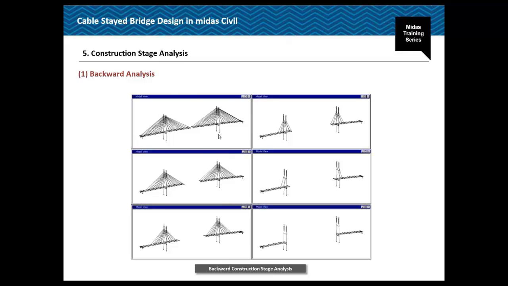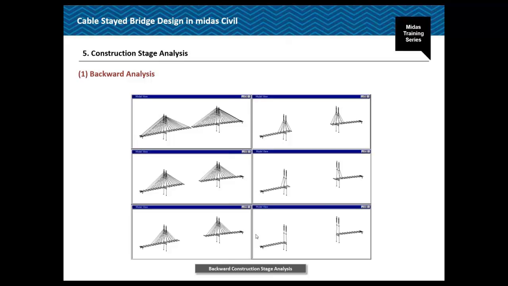So this will be the first stage in the backward analysis, and we will try to eliminate each of the elements and the loads. So final construction stage will be just like this, without any cables. Comparing to forward analysis, we can easily find the cable jacking force in this backward analysis.